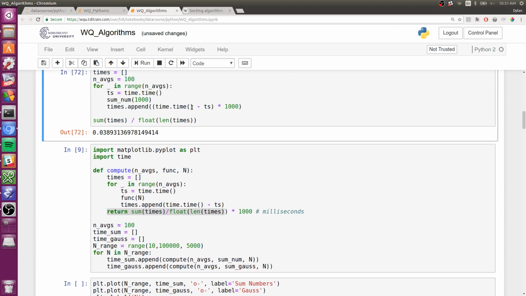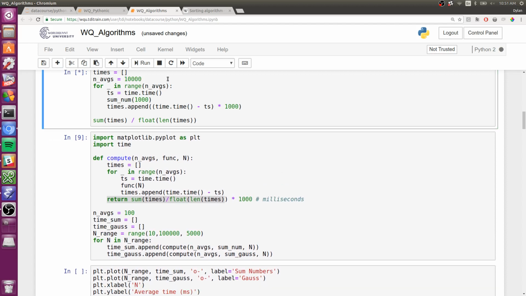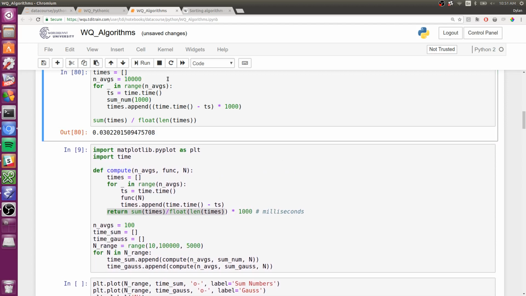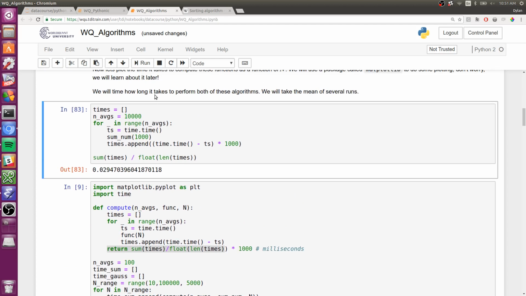Now we're seeing changes of maybe 10%. And if we increase the number of averages, that number becomes even more stable. So we're just trying to get a really good idea of how long it takes to run this function.